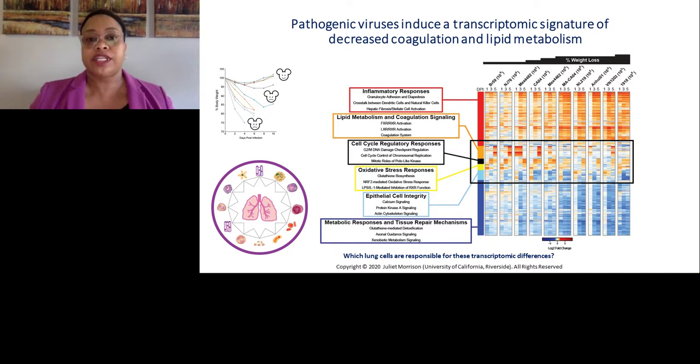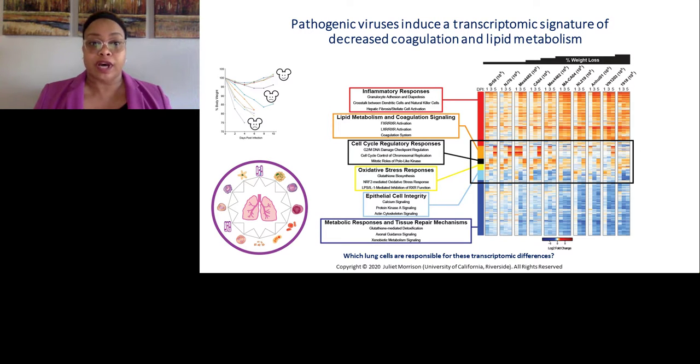We did the transcriptomics on the lungs of these different mice, and we found that there were increases in the inflammatory response in the animals that had more severe disease. We also found, quite strikingly, a decrease in coagulation and lipid metabolism gene expression in the animals that developed severe disease.